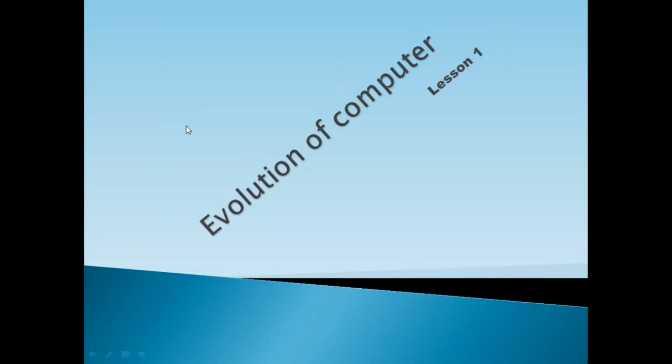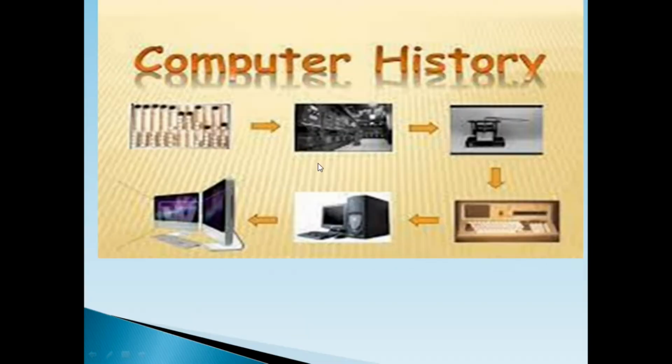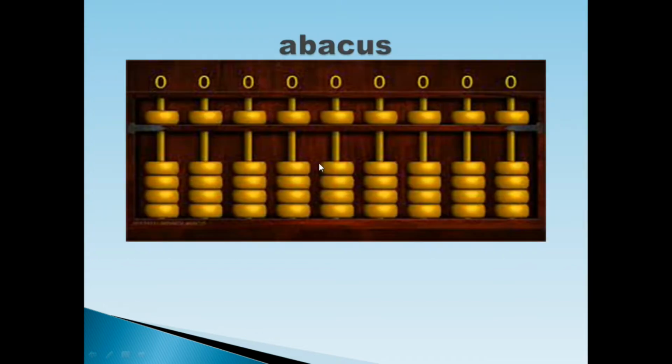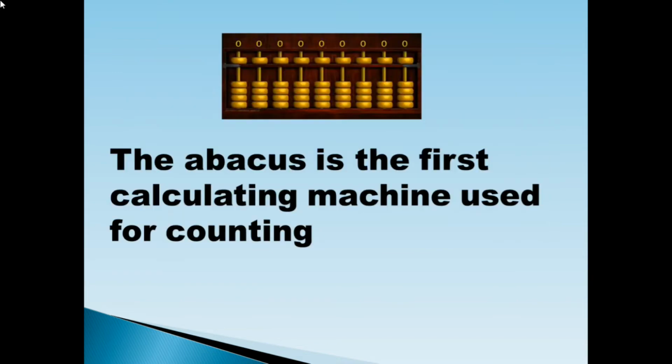We already started lesson 1, evolution of computer. What do you mean by evolution? Yes, evolution means history. In this chapter we are going to study history. First we discussed different calculating devices used in ancient times. Which was the first calculating device? Yes, it is the abacus, the first calculating machine used for counting.